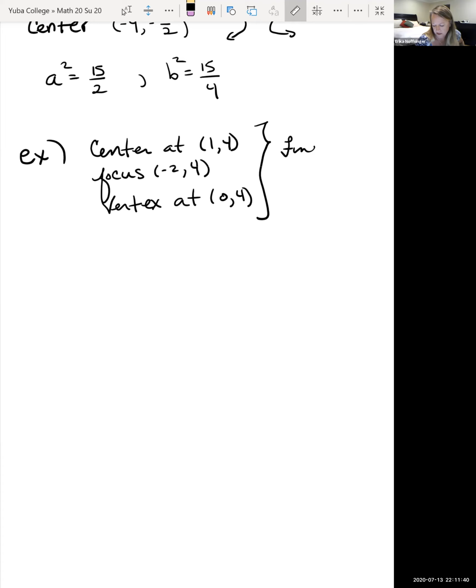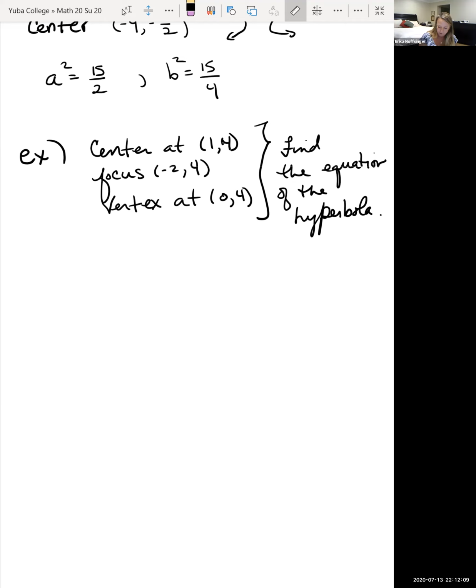So find the equation of the hyperbola. Okay, so again, you want to plot these points and what they give us so we can determine which equation we want to use.